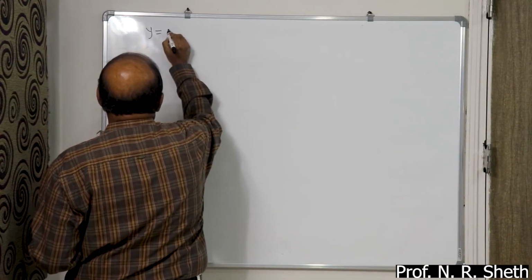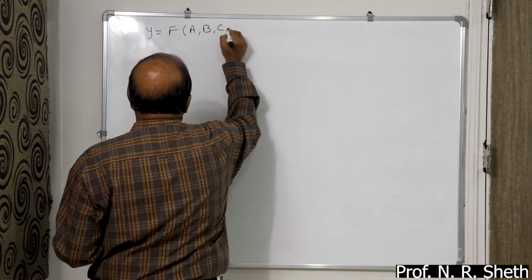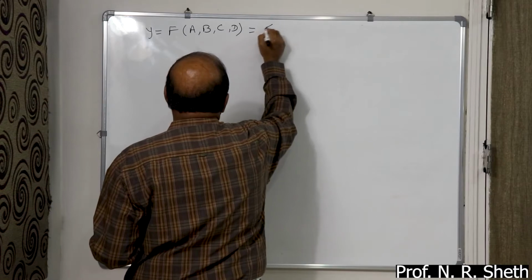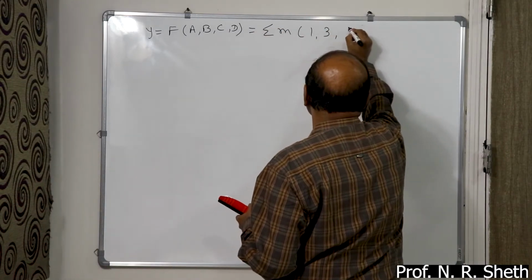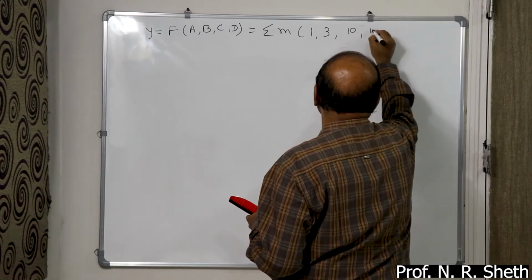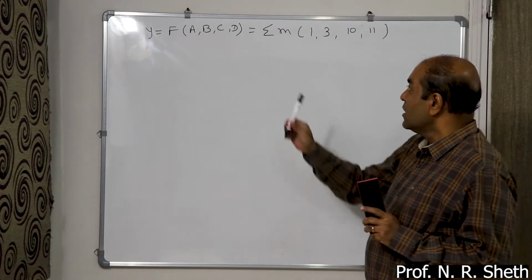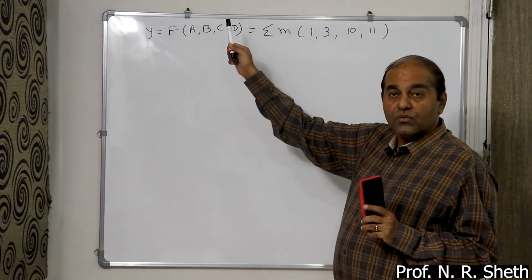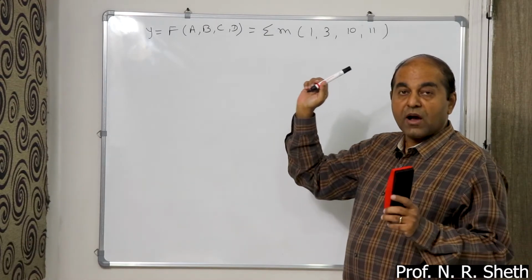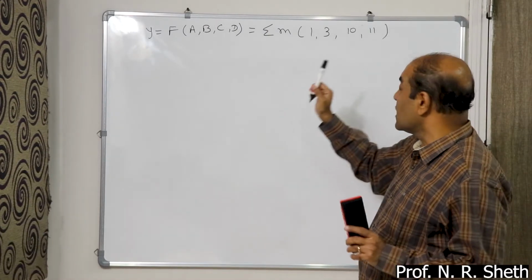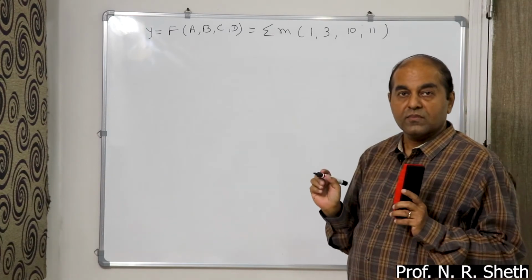Y equals F of A B C D, sigma M 1 3 10 11. Four variables A, B, C, D, and output is high for 4 cases 1, 3, 10 and 11.